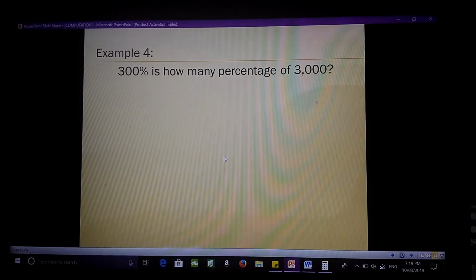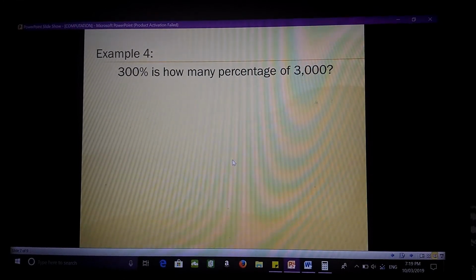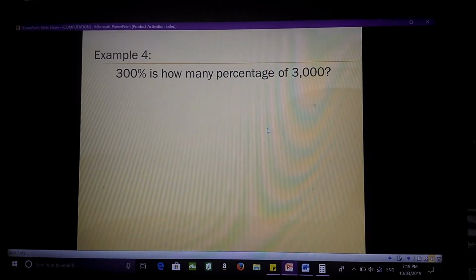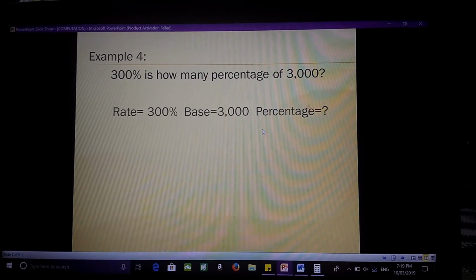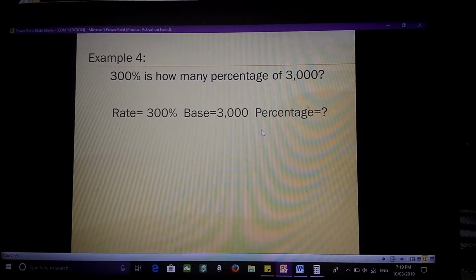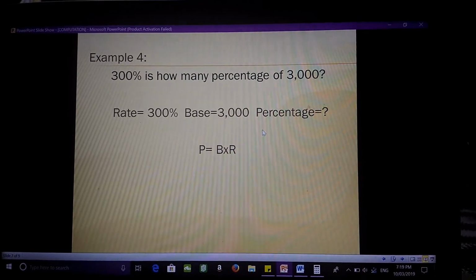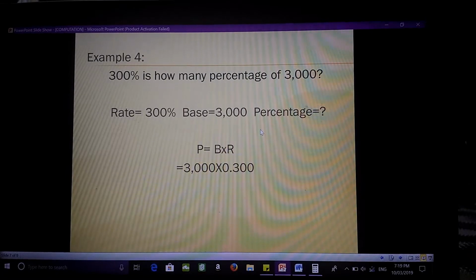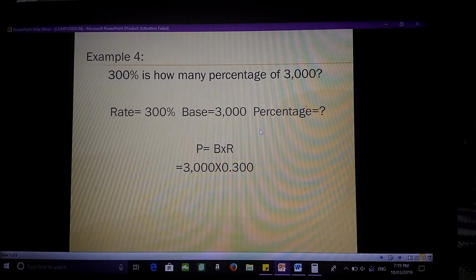Another example, 300% is how many percentage of 3,000? So again, given rate is 300%, base is 3,000, and we are looking for the percentage. So percentage is equal to base times rate. So 3,000 times 0.300.